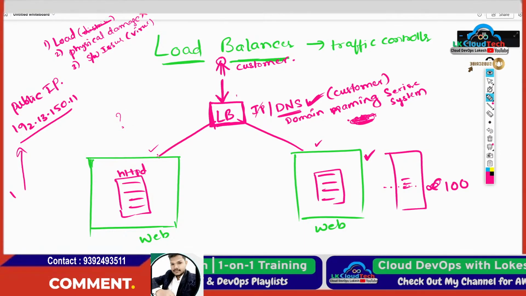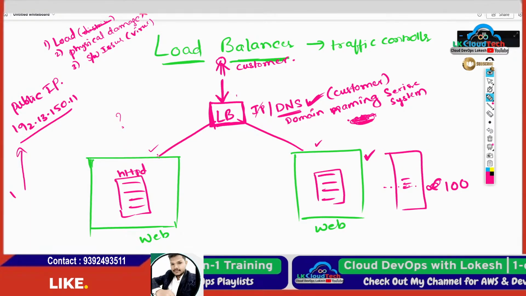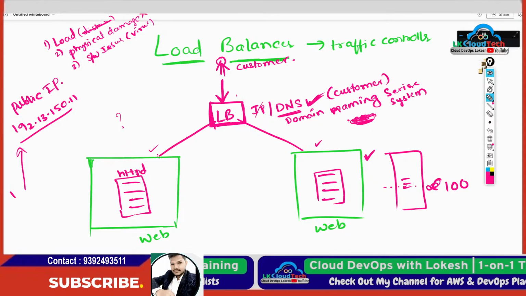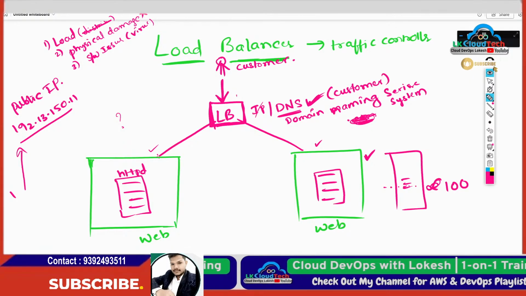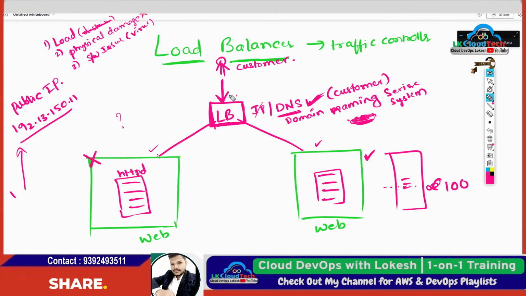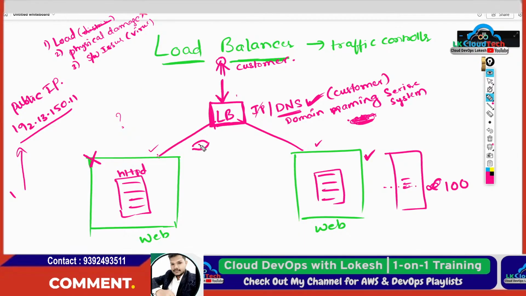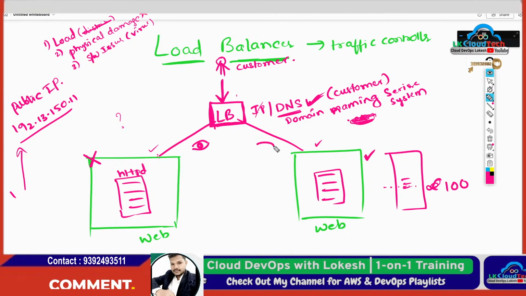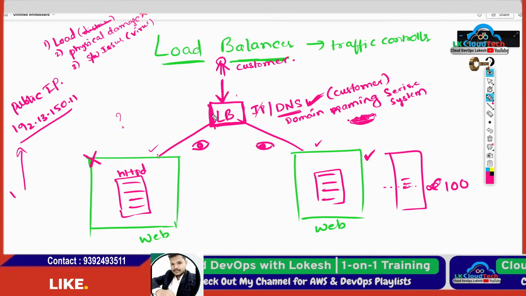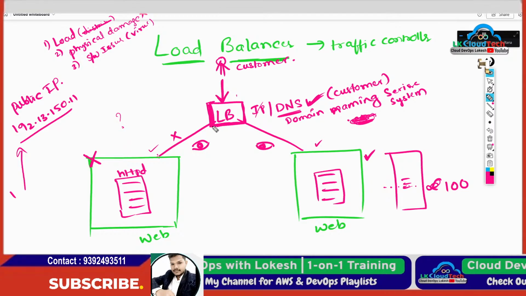Suppose this server got down. If this server is down, and the first request comes here, the load balancer always keeps an eye on the servers. If the load balancer gets to know that the connection got disturbed, it can sense it.